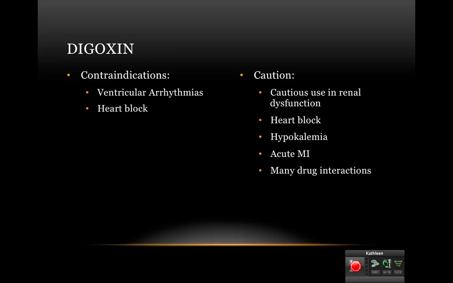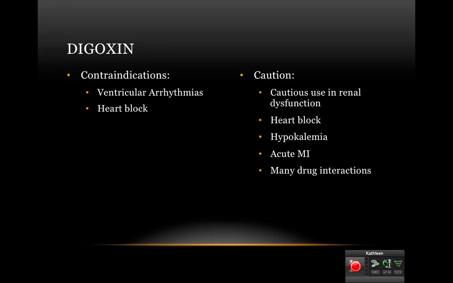And serum DIG levels really should be obtained if heart failure worsens, renal function starts deteriorating, medications are added that affect DIG levels, and DIG toxicity is suspected. So normal DIG levels are anywhere from 0.5 to 0.9. Also, there's a lot of evidence that shows that DIG reduces symptoms but has not clinically shown any positive effect on mortality.